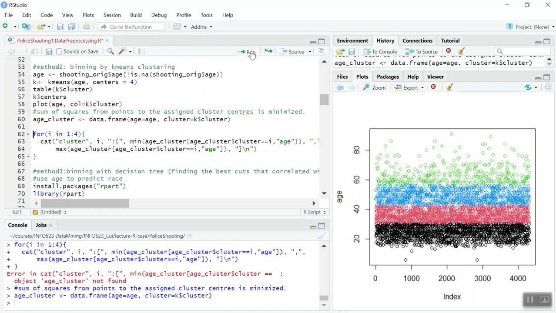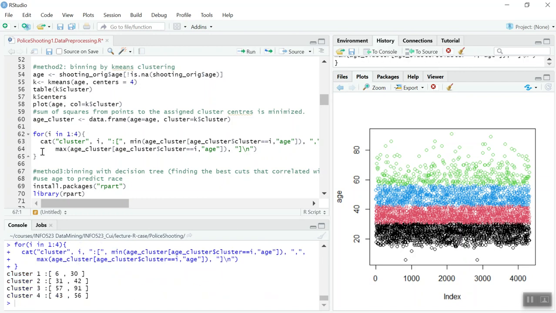To see the exact range, we can use the age cluster and have the system print out the minimum and maximum range. So this is already what is shown here. We just want to clearly show you how to get the range of the clusters.